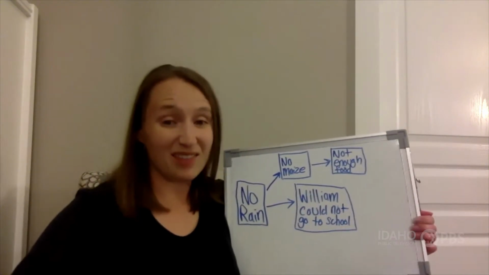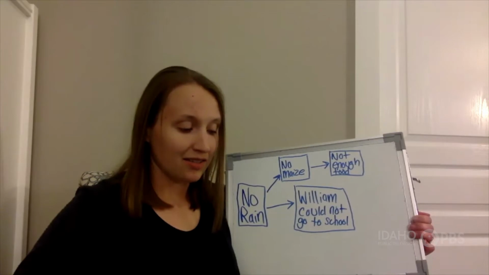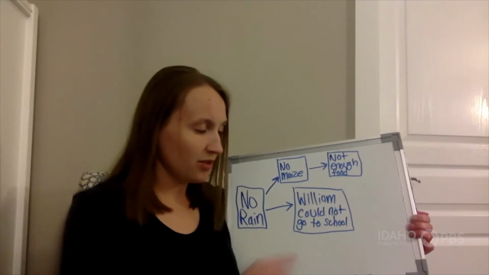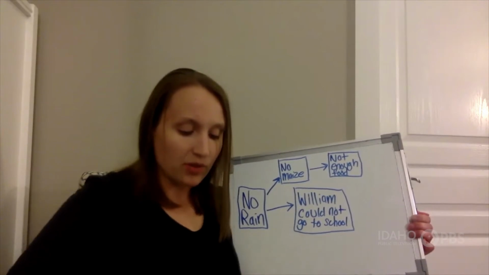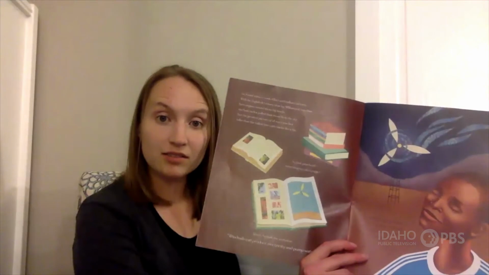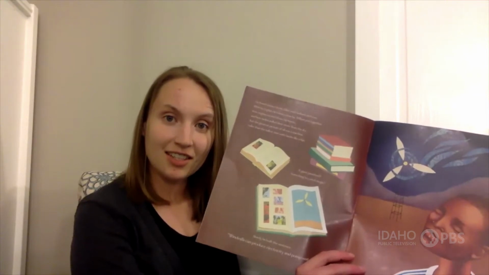So far we have another not so good effect. However, I do remember something that happened after this. As a result, William went to the library. And what did he find in the library? He found a windmill.